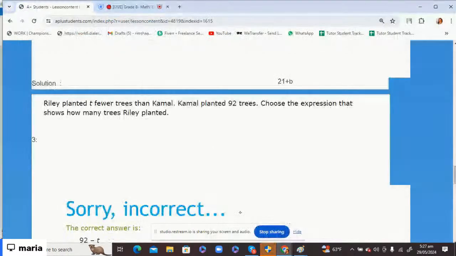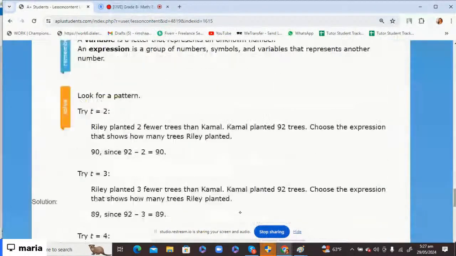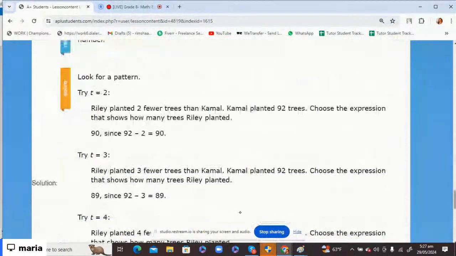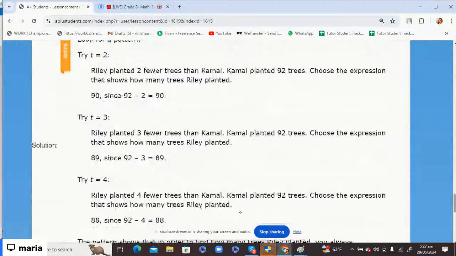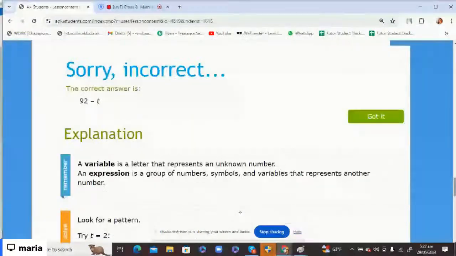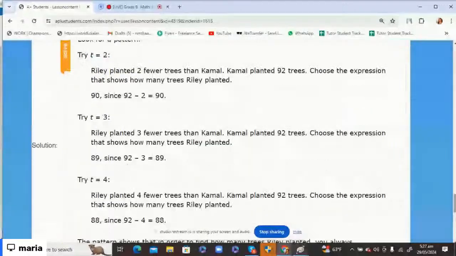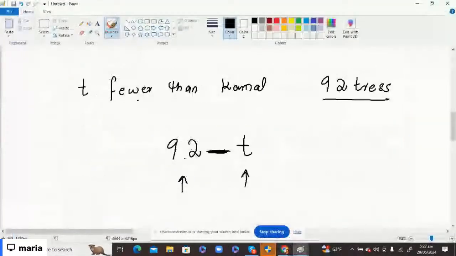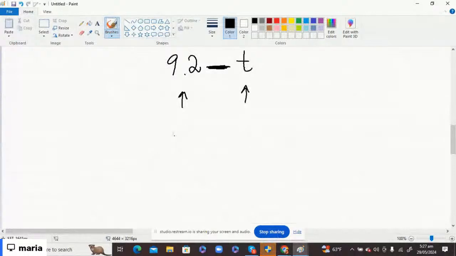Let's do another question. They're saying that, for example, now you are going to try some patterns. Let me just put T is equal to 2. What we do is put that value of 2 in place of this T. So here we put 2. 92 minus 2 is 90.